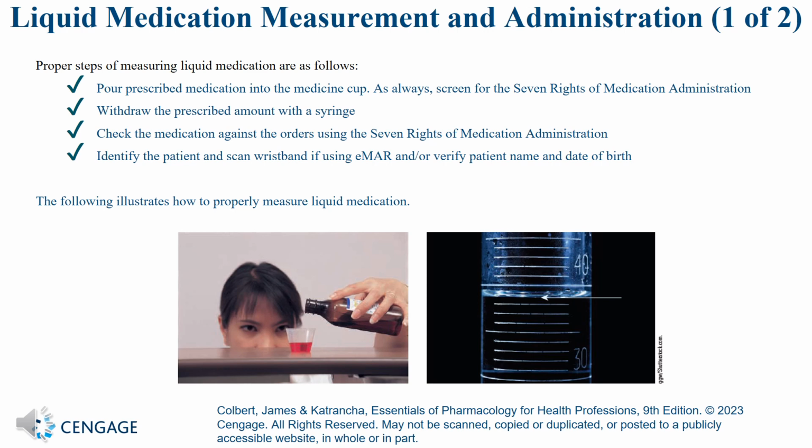Check the medication against the orders using the 7 rights of medication administration. Identify the patient or scan a wristband if you're using an EMR, or verify the patient name and date of birth. If you look at the pictures, it gives you an idea as you are pouring the medication or if you are drawing it up using a syringe.